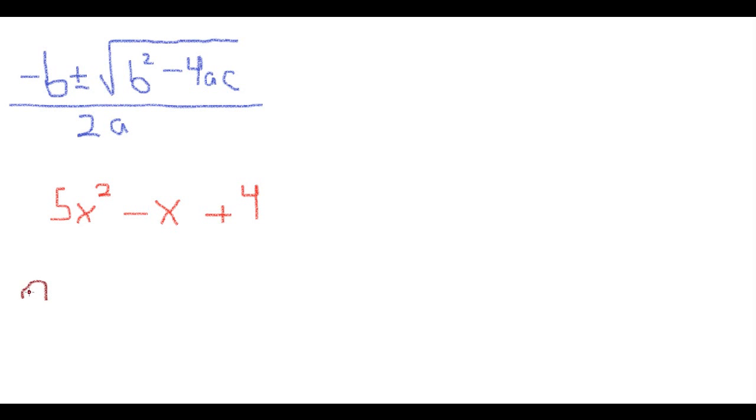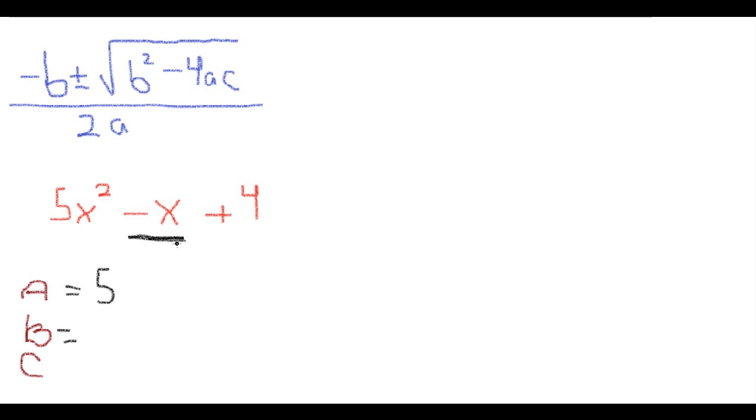So we just have to plug this in. What are a, b, and c? Well, our a will be 5. We're just worrying about the whole numbers. We don't have to worry about the unknowns. So for here, since we have x and not a number, negative x is the same thing as saying negative 1.